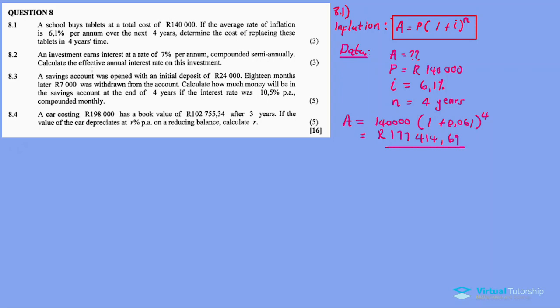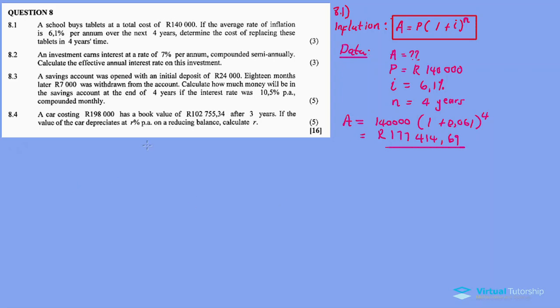The effective annual interest rate is, guys, sort of like interest quoted per annum, and then compounded monthly, semi-annually, quarterly, is the nominal interest rate. So here we need to calculate the effective annual interest rate.